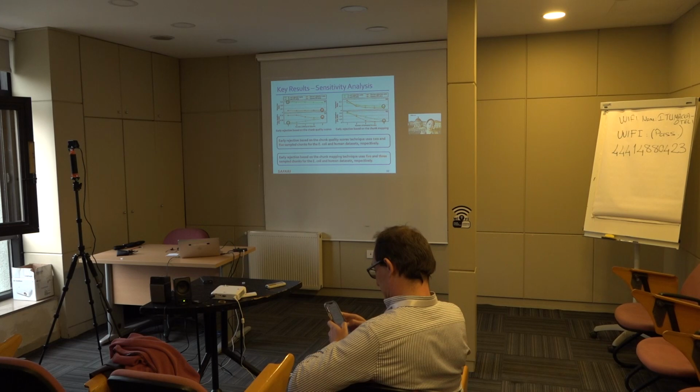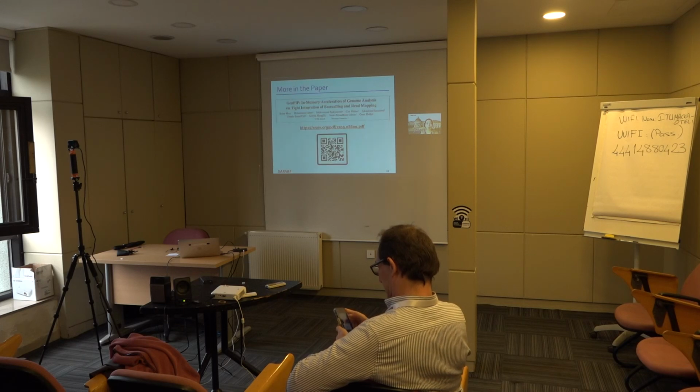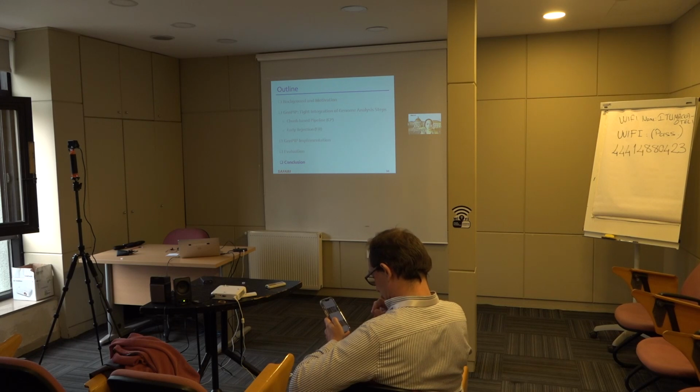As you can see here, for the early rejection based on chunk quality scores, we use 2 and 5 for the E. coli and human datasets respectively, and we use 5 and 3 for the E. coli and human datasets for the chunk mapping early rejection. There are more details in the paper, and okay, let's conclude our talk here.